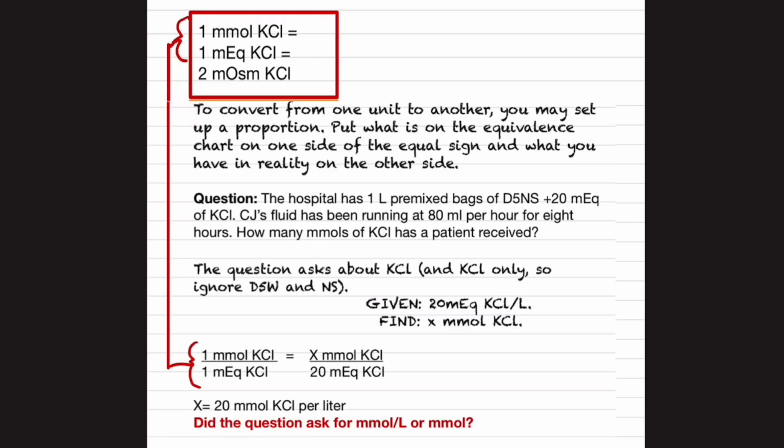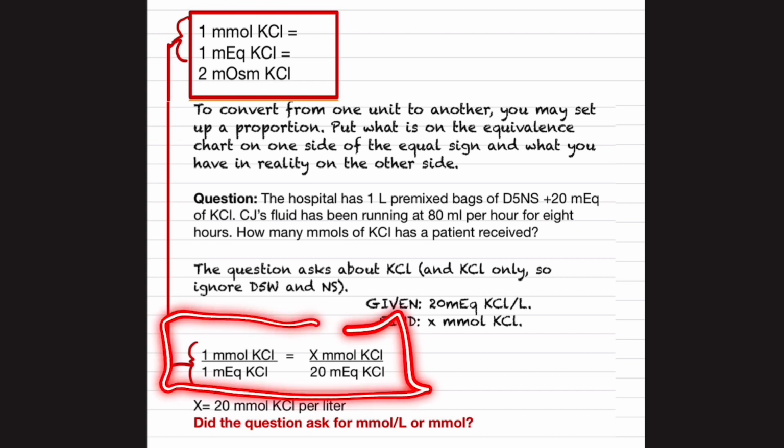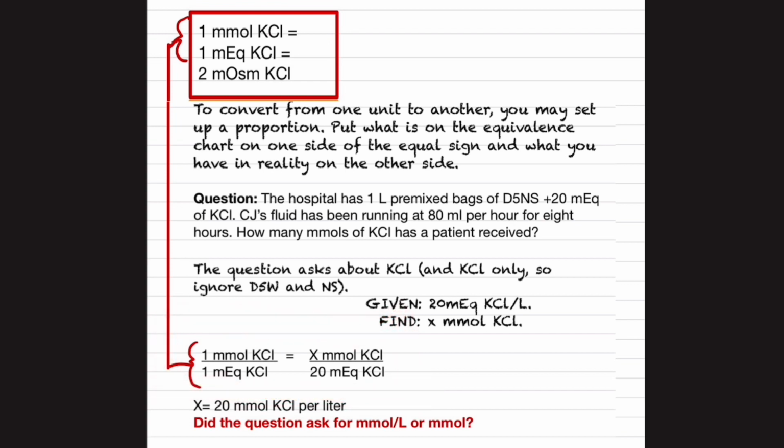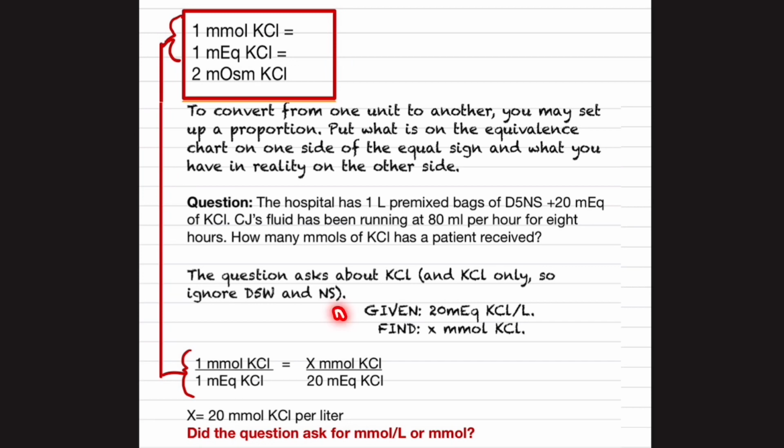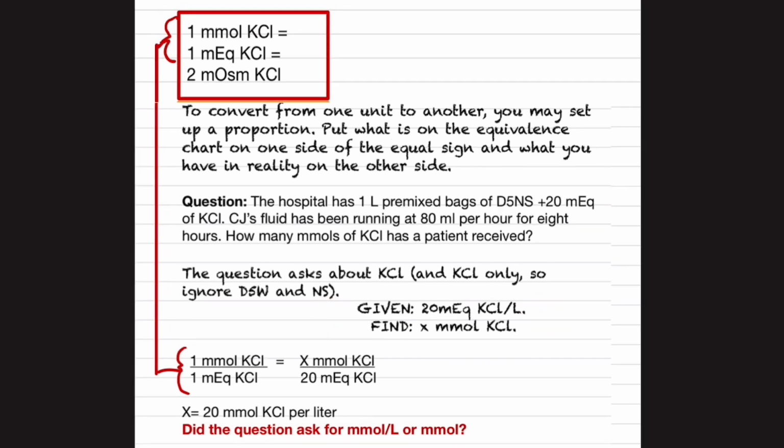We would like to convert from one unit to another. You may like to set up a proportion. Put what is on the equivalence chart on one side of the equal sign and what you have in reality on the other side of the equal sign. So we will be setting up a proportion like this. If you remember, we were given 20 milliequivalents of potassium chloride per liter, and we will find the millimoles of potassium chloride.